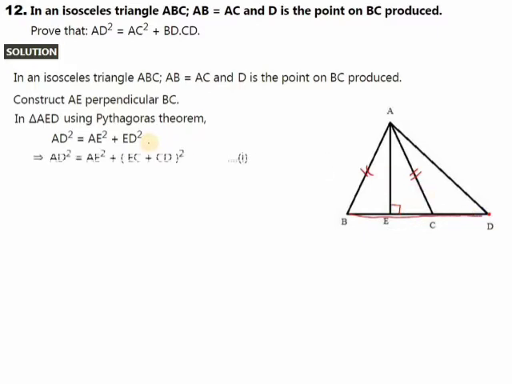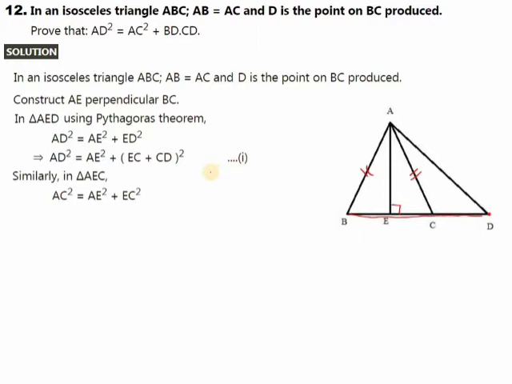From here, ED can be written as EC plus CD. Look at this, ED is this entire line, which can be written as EC plus CD. That's what is written here, and let me call this equation number 1.